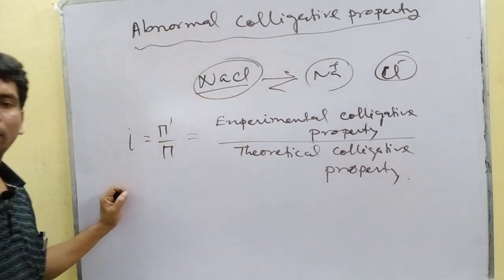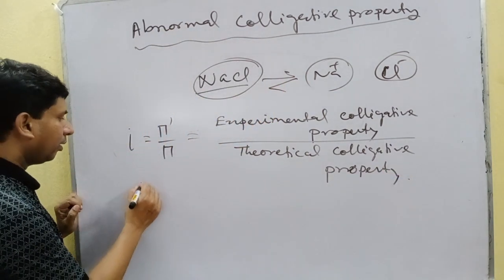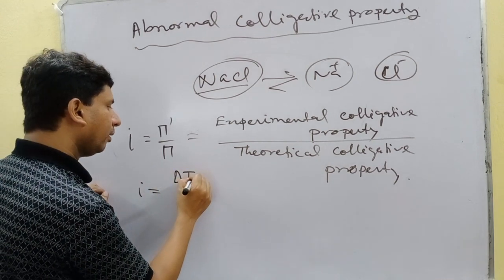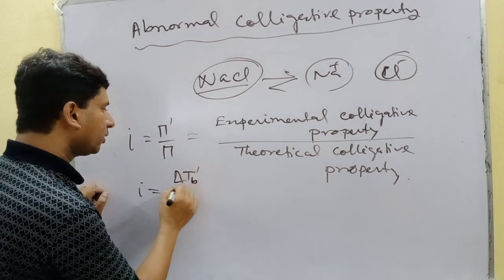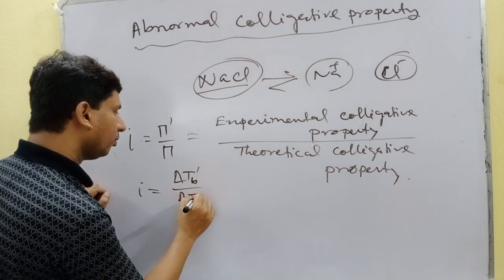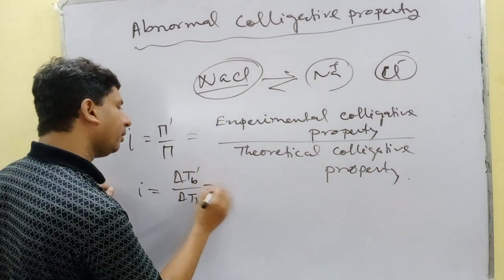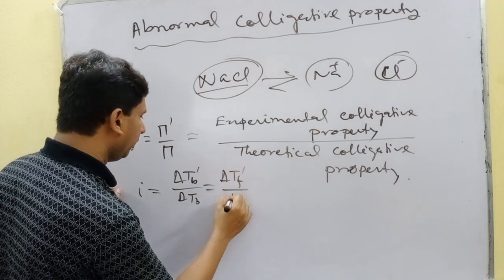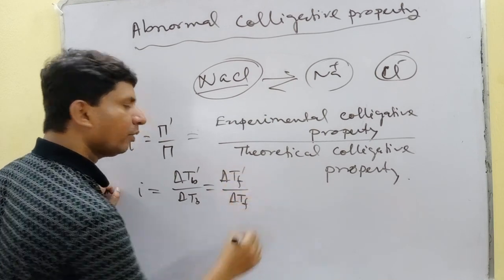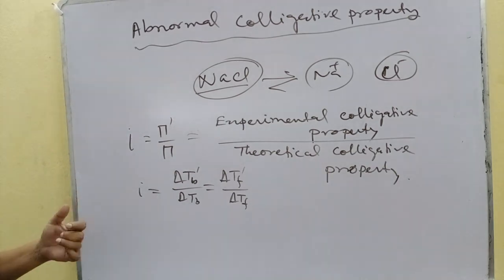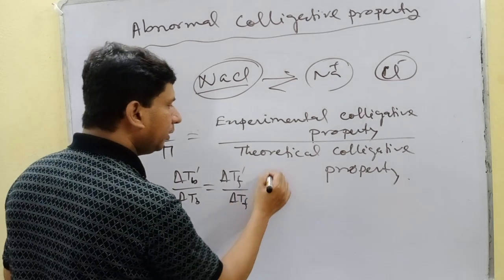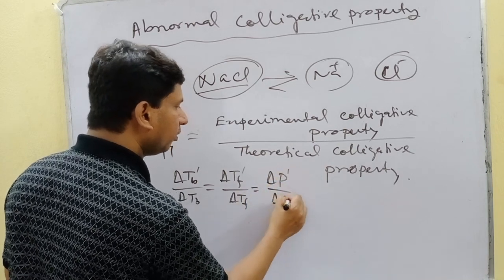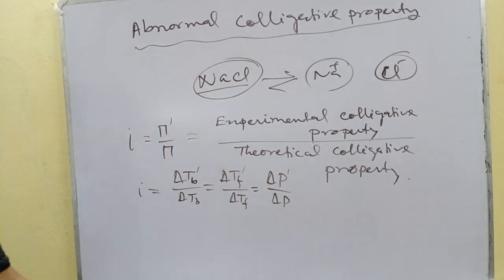Okay, in this way we can also write delta Tb dash by delta Tb, or delta Tf dash by delta Tf, or delta P dash by delta P, relative lowering of vapor pressure, okay.